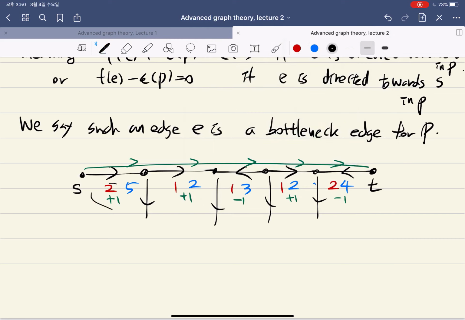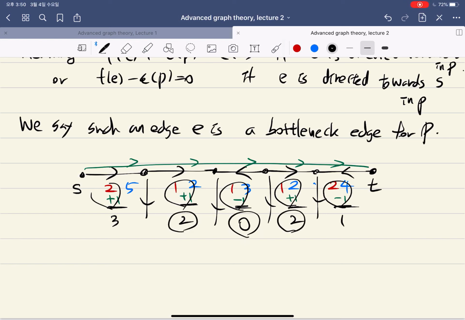Then after doing this, this becomes 3, this becomes 2, this becomes 0, this becomes 2, this becomes 1. So we added and subtracted this 1 because that's the best possible. We couldn't do more because of these 3 edges. If we added more, then this would be bigger than its capacity, and this would be bigger than this capacity. And if we subtracted more, this would be negative. So those 3 are the reasons why we couldn't augment more, and we call them bottleneck edges.